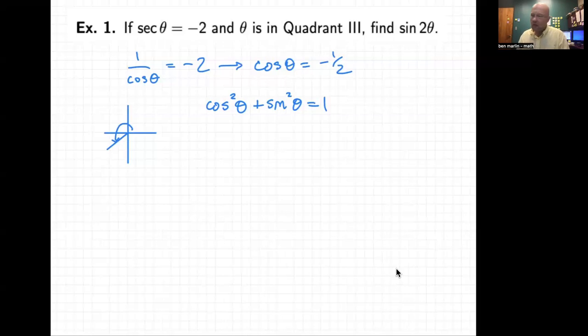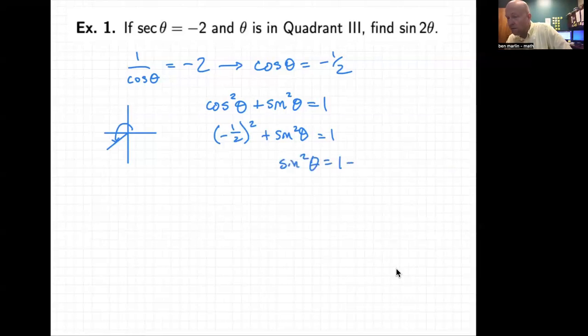Okay. So because cosine theta is equal to -1/2, then we can say that sine squared theta is equal to 1 minus the square of -1/2, which is 1/4.